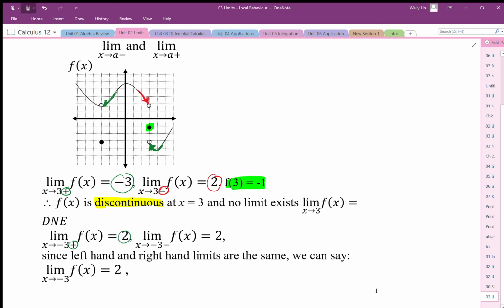As we approach it from the negative side, -3 from the negative side, it looks like it's approaching the same point, which is 2 as well. And since the left hand and right hand limits are the same, we say that the limit is equal to 2 from both sides. So this is a two-sided limit, and this two-sided limit exists.